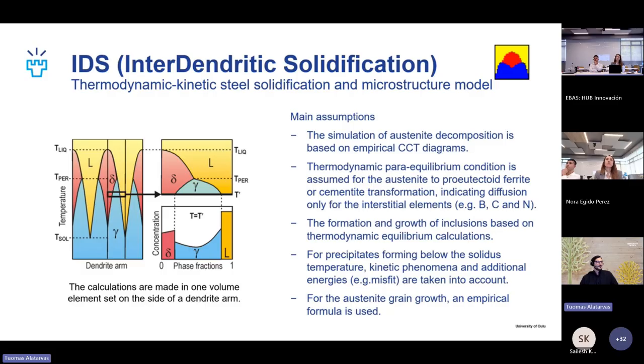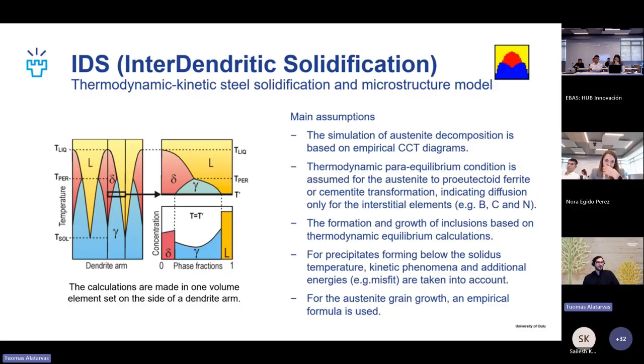So there has been an extensive literature review and survey on the CCT diagrams, which is used as the base for the austenite decomposition. And also thermodynamic data is used for the austenite to ferrite formation, for example, and also the formation of non-metallic inclusions.